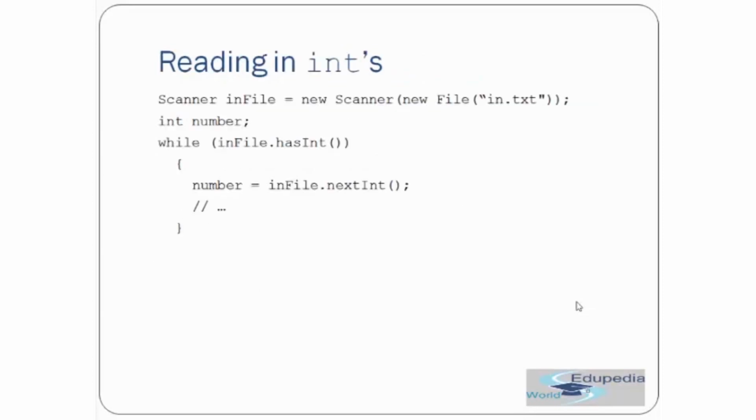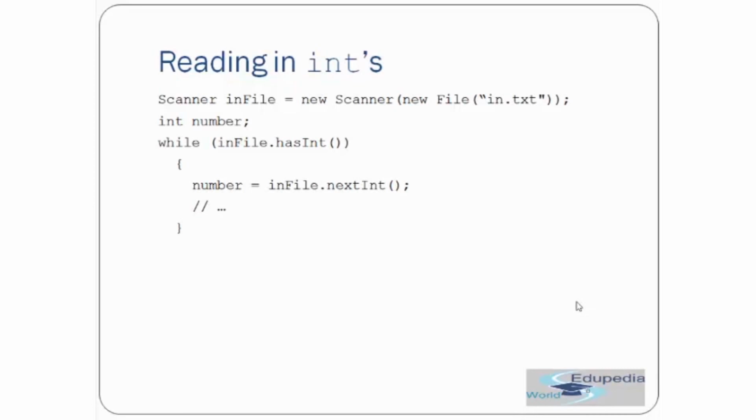Okay. Now reading in ints. How can you read an int? Well, the Scanner has a method hasNextInt. So whatever input you are providing will be read as an int and can be stored in an int primitive type.